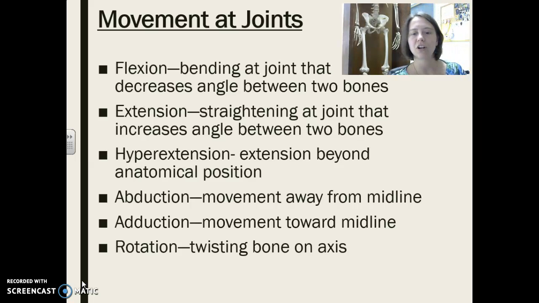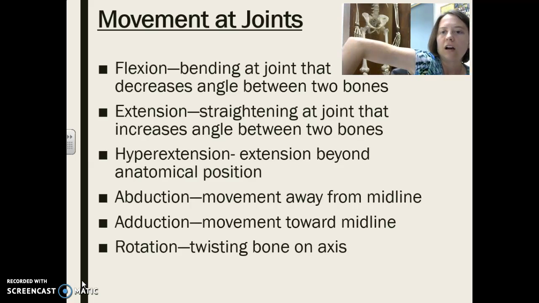Rotation is another term, and it is twisting the bone on the axis. So if we think about our arms, the radius and ulna can twist. If you see, I'm twisting it along the axis, if you were to make an up and down axis.